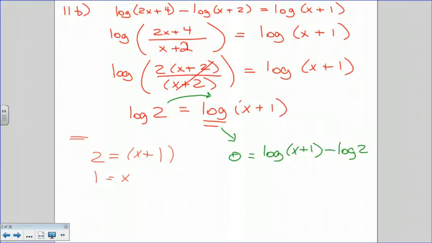Are you with me? Often, the logarithmic equations work nicely when they're equated to 0. What do we do on the right now because of that? Can we use the quotient law and write that as x plus 1 over 2? Can we do that?